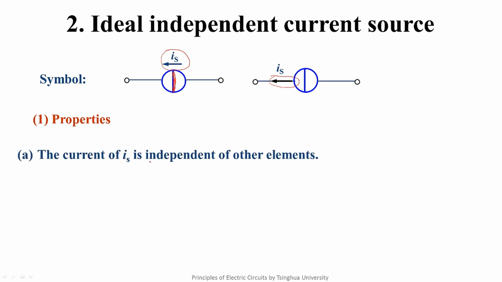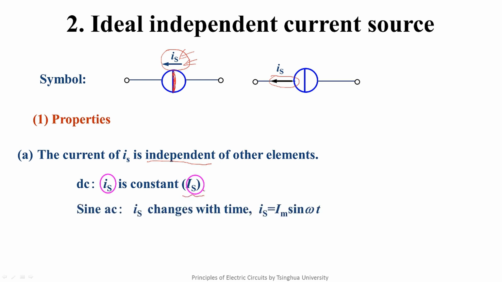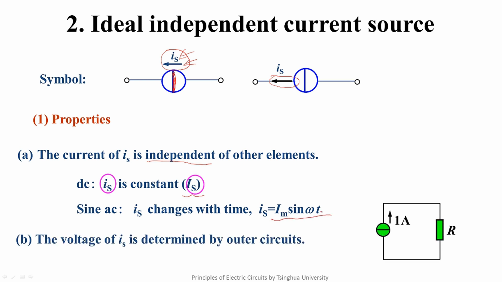First, it is independent. That is to say, for the current source, the value of its IS and its direction are determined by its manufacturer. It is independent of other elements. Under the condition of DC, it is a constant value expressed by capital IS. If it is sinusoidal AC, it changes as a sine wave. This is the first point.